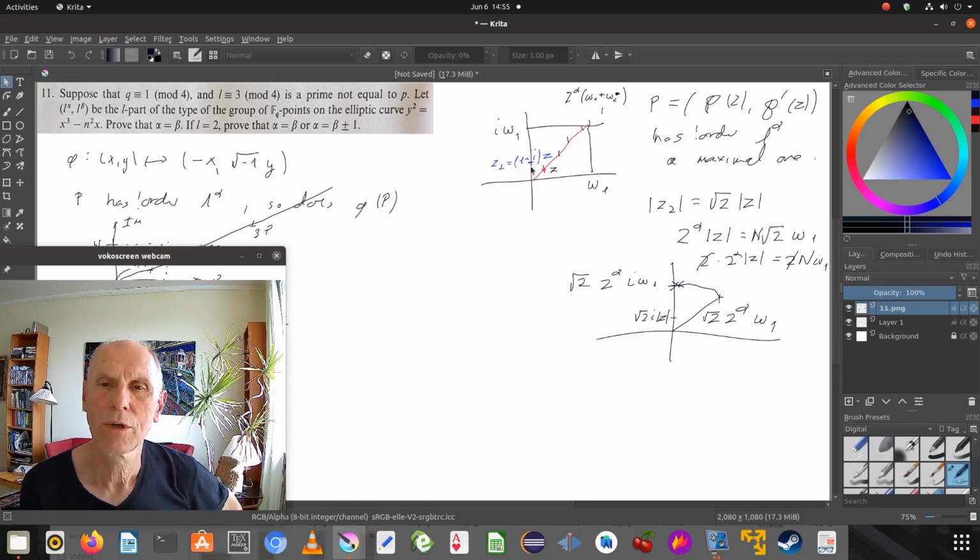If we have one here and one here, they must all have the same order. So it's only if this one has that there is a possibility of lower order. Or is there? Then the order of this is half that of the order of this one.